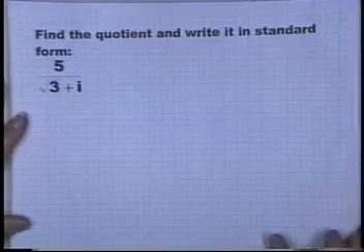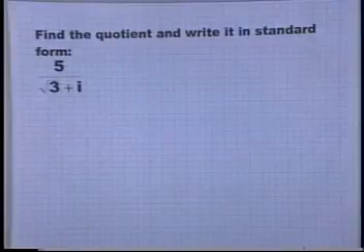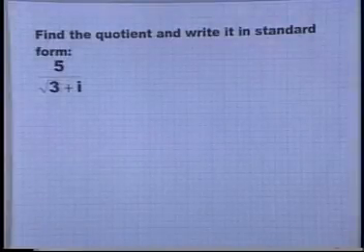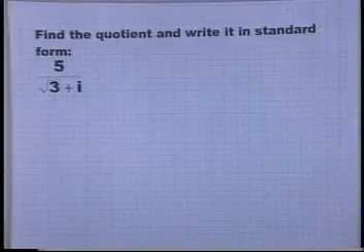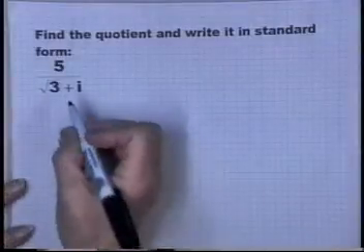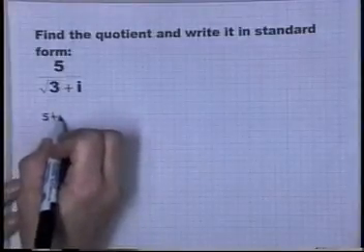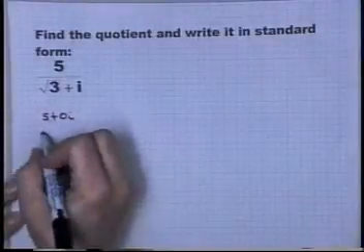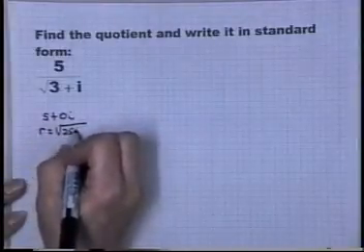Find the quotient and write it in standard form. Well, you'll notice here that I have just complex numbers that are not written in the trigonometric format. So I think what I'm going to do is convert them over first of all and do the division, and then we'll come back and convert our answer back. 5, if you think about 5 plus 0i, r is going to be the square root of x squared, 25, plus y squared, 0.